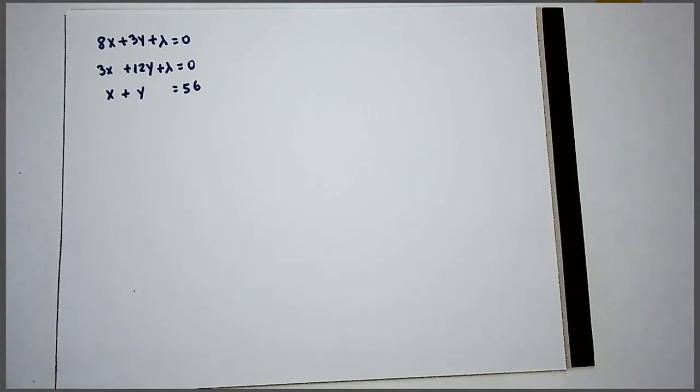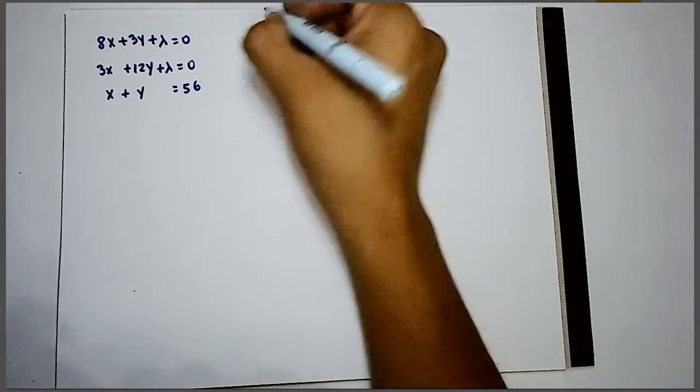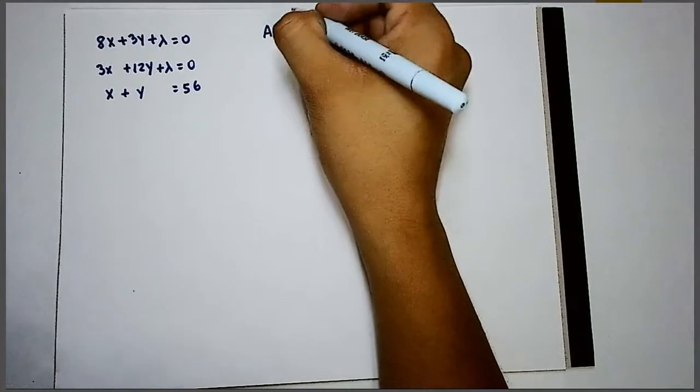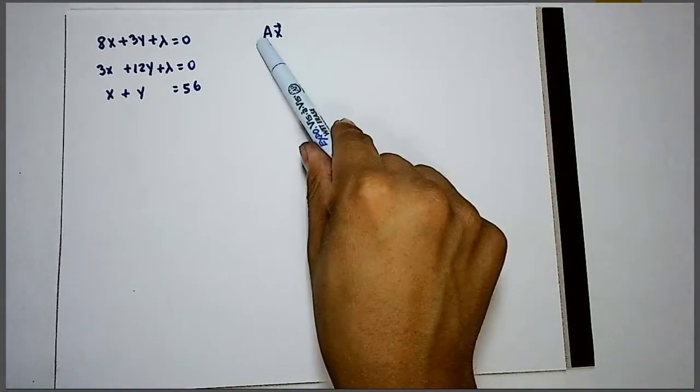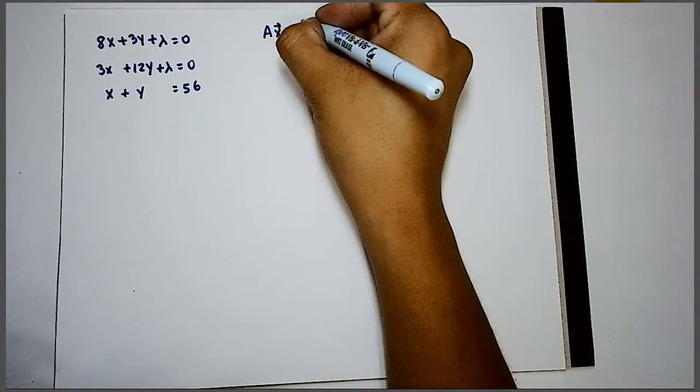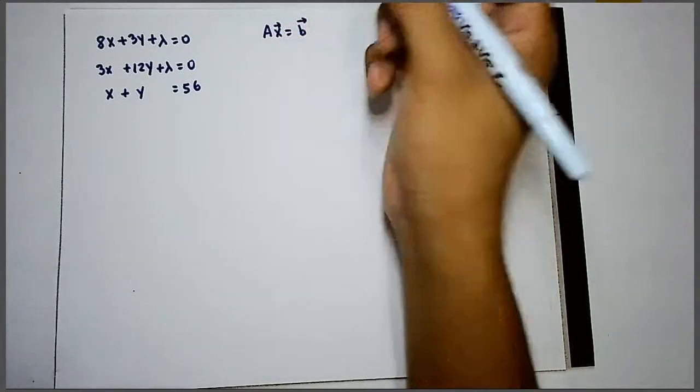In order to use Cramer's rule, we need to first pass everything as matrices. Remember from the previous chapters that we need to have the coefficient matrix times the vector of unknowns equal to the vector of constants.